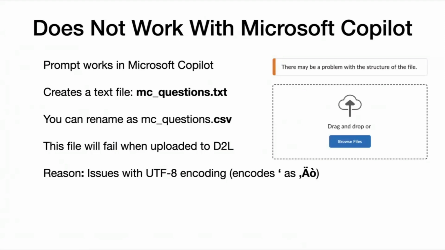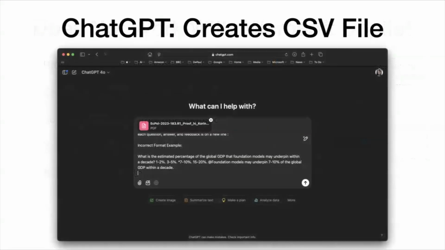And the reason for this is a UTF encoded file, but the text characters within this particular file are not properly encoded. So characters like an apostrophe or a comma or speech marks come up as what may look to you to be gibberish characters. Now, you could use a process to fix that, but that might inject some errors. So anyway, not going to work with Microsoft Copilot.